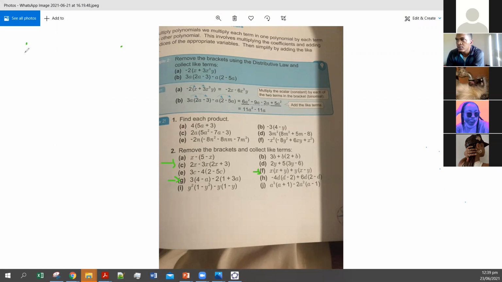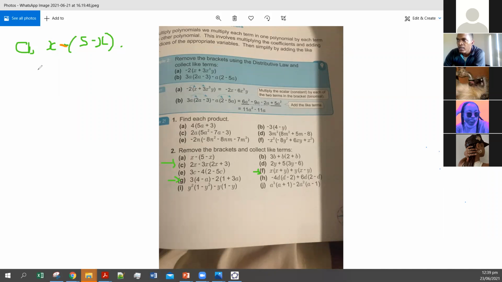So for A, mind my handwriting, I hope you follow. A, we have x minus bracket 5 minus x. So the first thing you need to note, Victoria, is the following, that this negative here means there's a -1 in front of the bracket, okay?